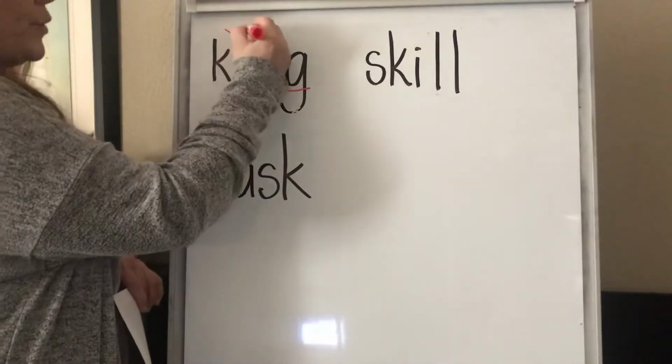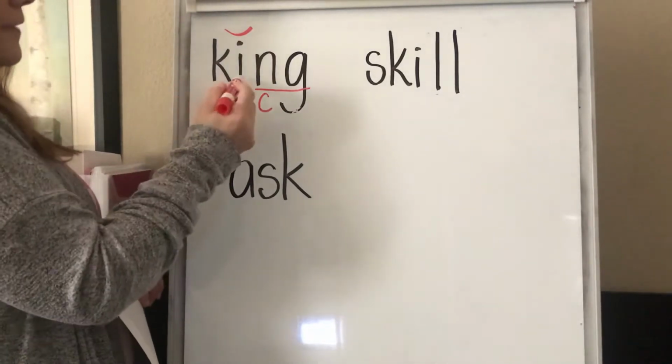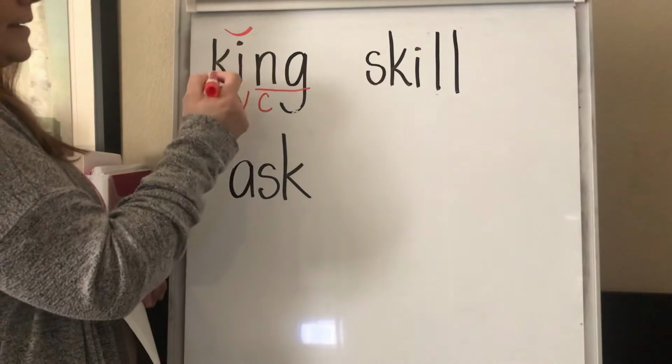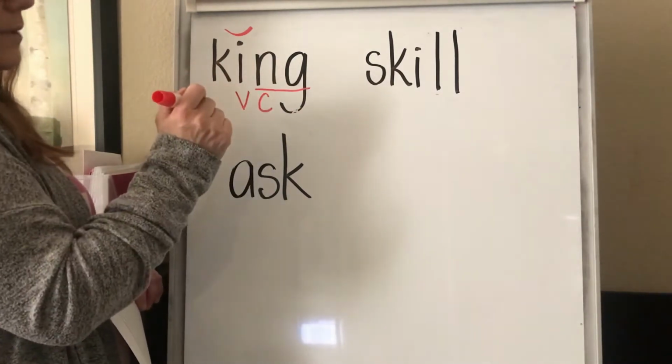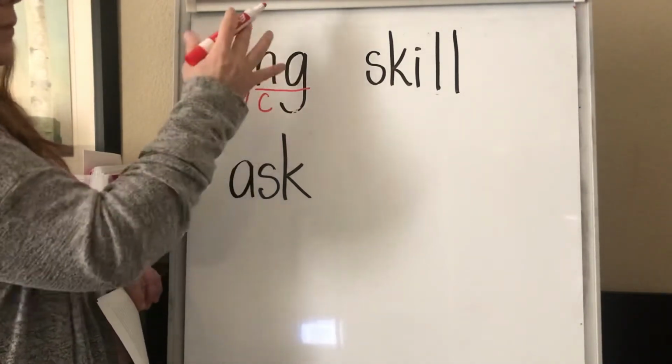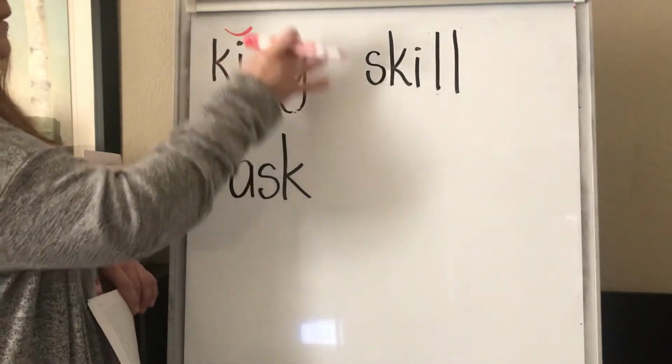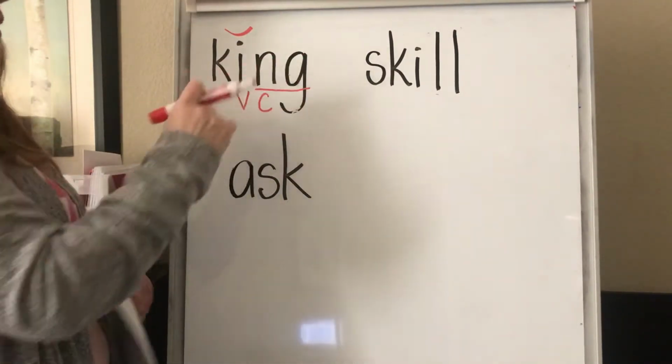So we code that with a breve, and we know that's the I sound. I, ng, k, ing, king. That is how we remember when we start reading: we start with the vowel, finish the word, and then go back to the beginning to figure out the word.